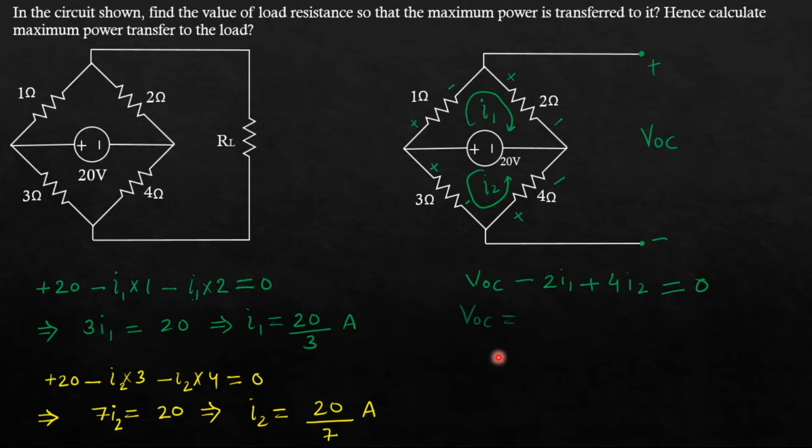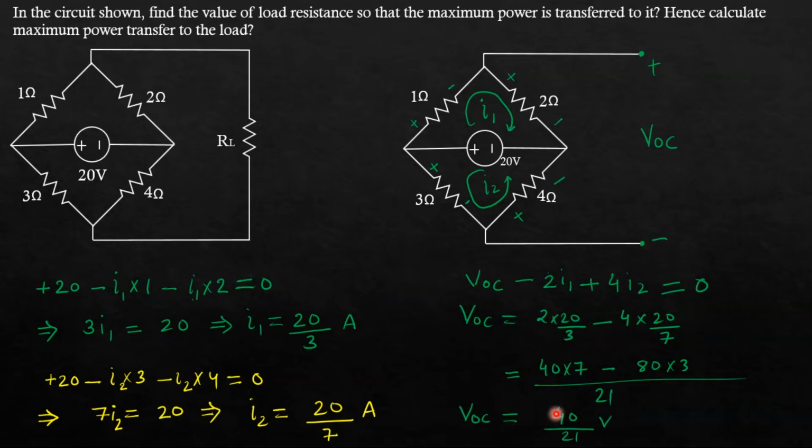You will get VOC is equal to 2 into 20 by 3, where I1 value is 20 by 3, minus 4 into I2, where I2 value is 20 by 7. If you simplify this, 40 into 7 minus 80 into 3 divided by 21. From here you get the open circuit voltage, which is equal to 40 by 21, which is also known as Thevenin's voltage.